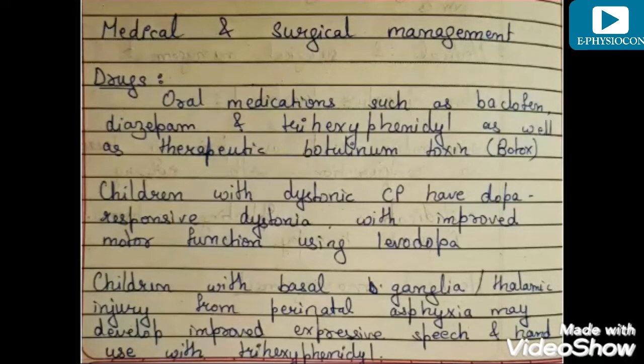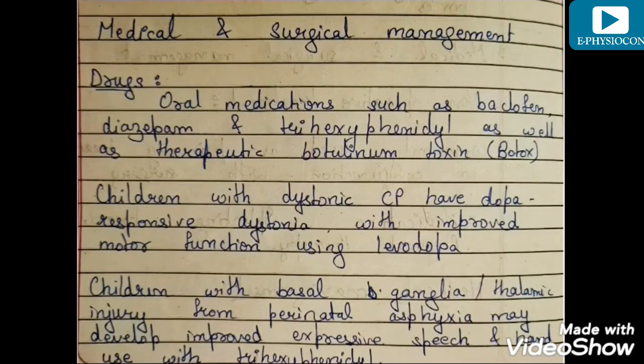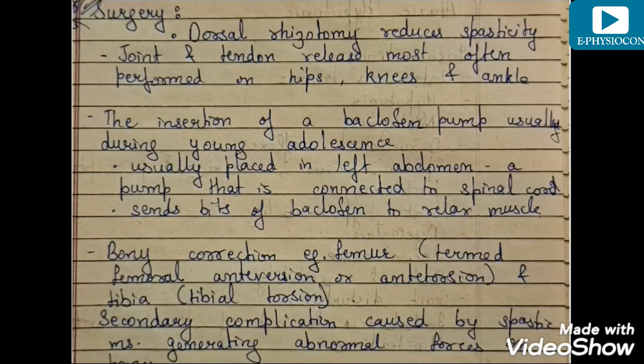Now, the medical and surgical management of cerebral palsy. Drugs used: oral medications such as baclofen, diazepam and trihexyphenidyl, as well as therapeutic botulinum toxin, that is Botox. Surgical: dorsal rhizotomy reduces spasticity.